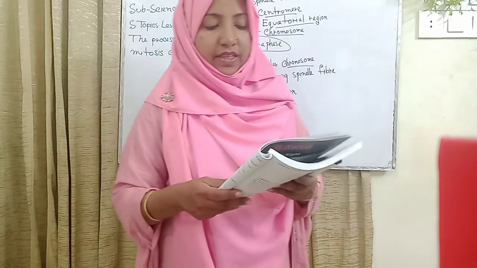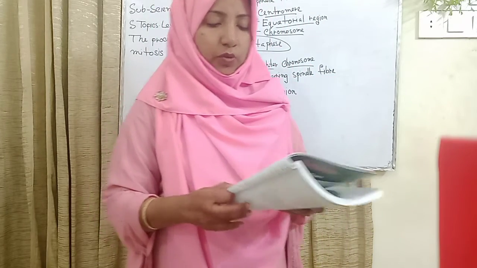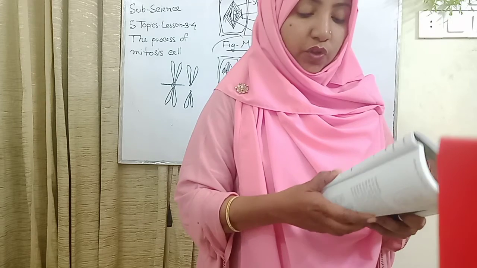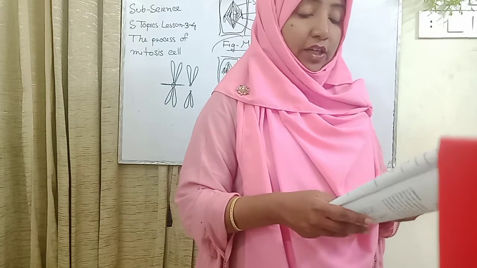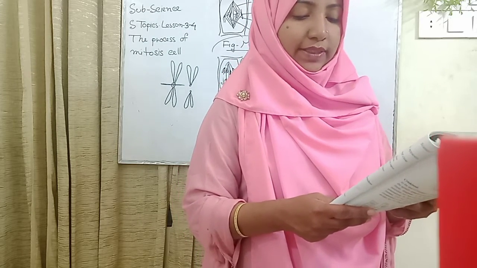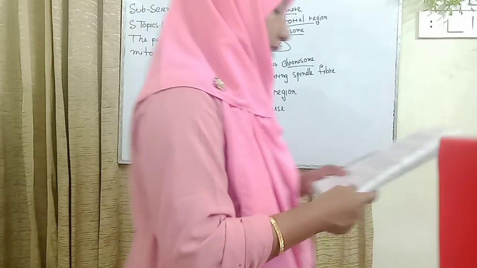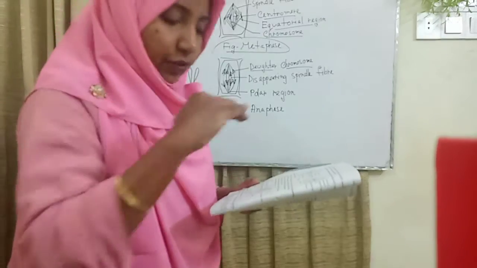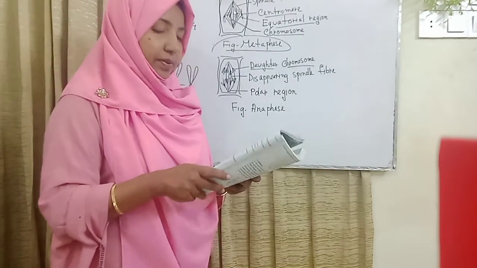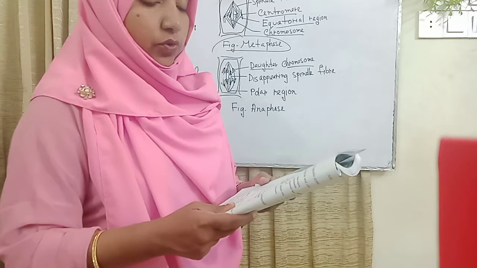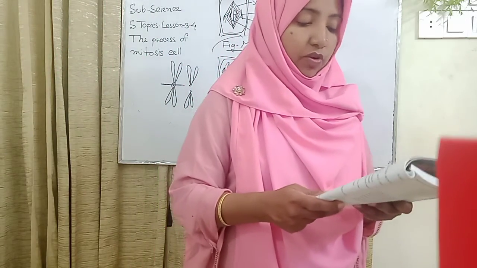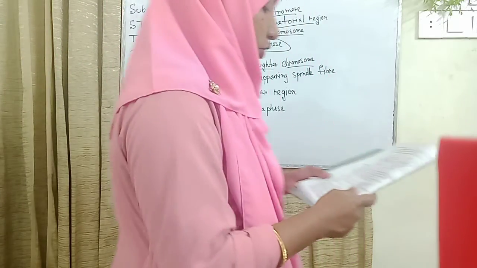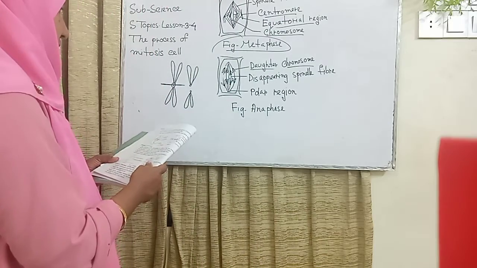In this stage the centromere of the chromosome now splits so that two independent daughter chromosomes, each with its own centromere, are formed. Now I just draw this and also the chromosomes. The chromatids get separated from each other.